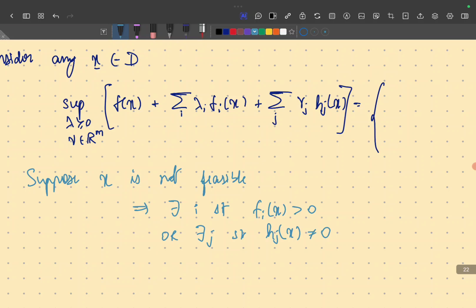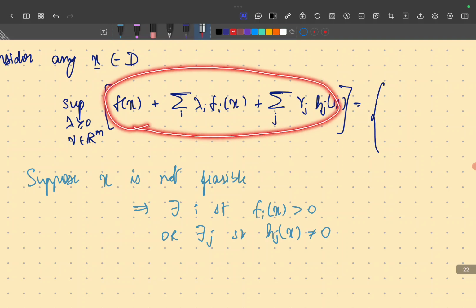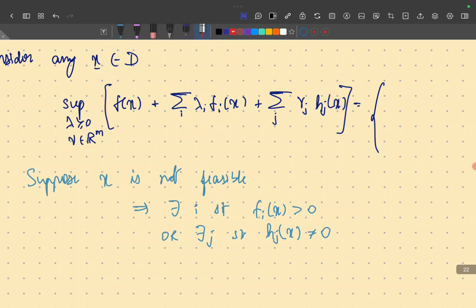Correct. You can make lambda i arbitrarily large, and this whole function can be arbitrarily large. So it's an increasing function of lambda i, and it's unbounded. So if fi of x is greater than 0, then it's infinity. Similarly, if hj of x is not equal to 0, if it's positive, then if you increase nu j, it grows unbounded.